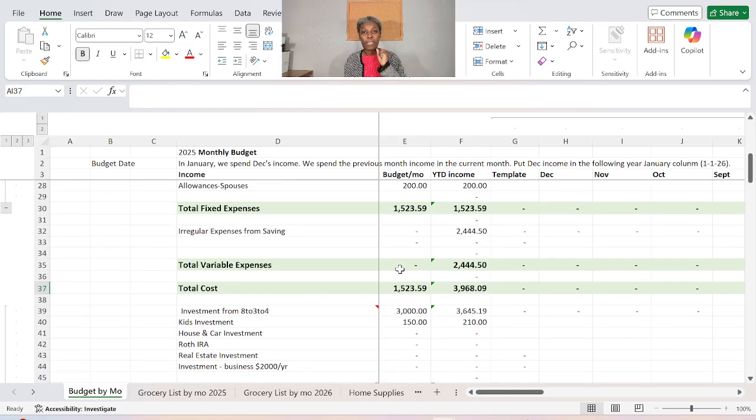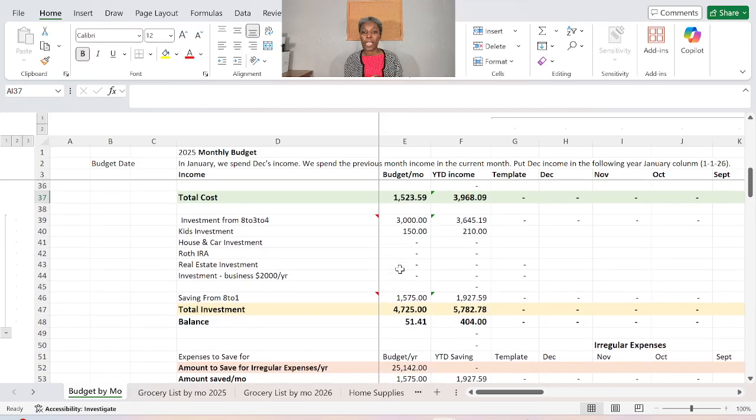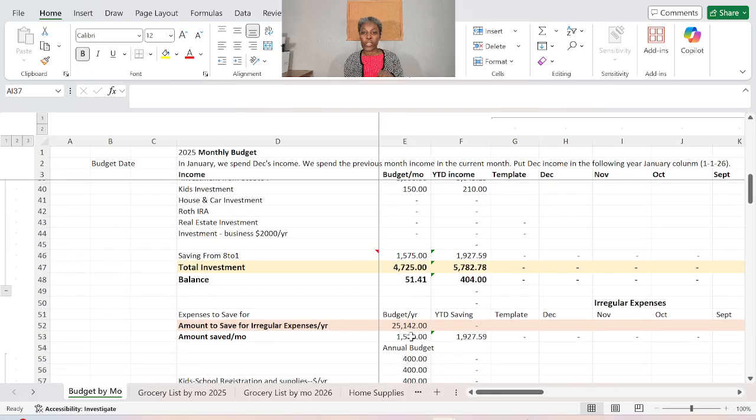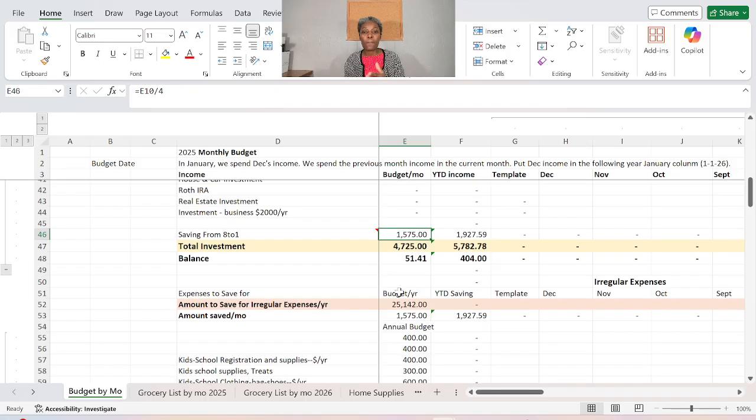So the second fourth of it can be put in the savings account for irregular expenses that we pay for throughout the year, but not on a monthly basis. Therefore, we need to save for them.